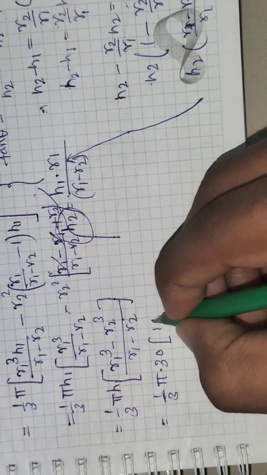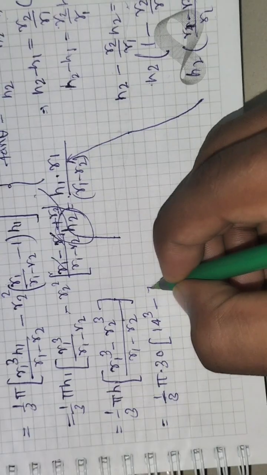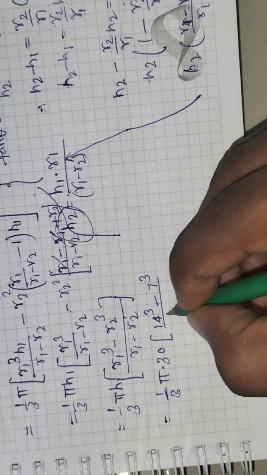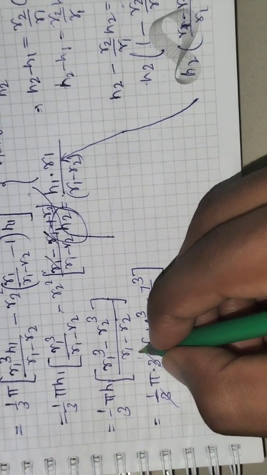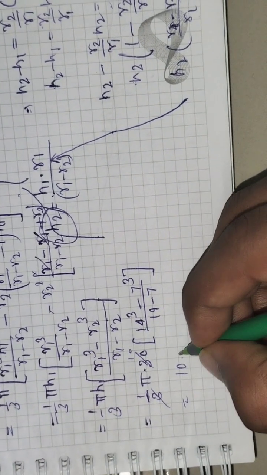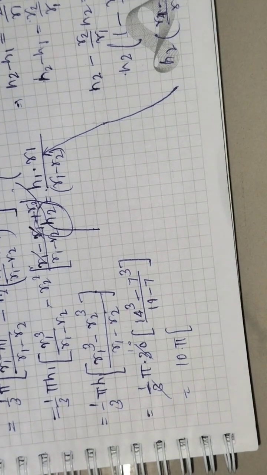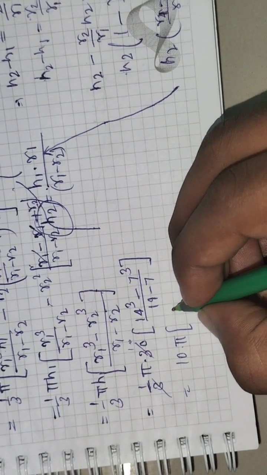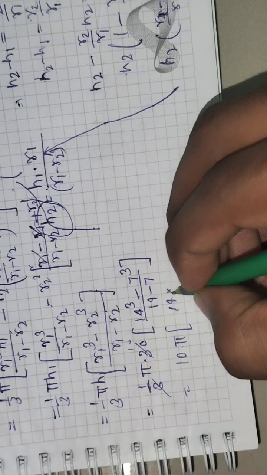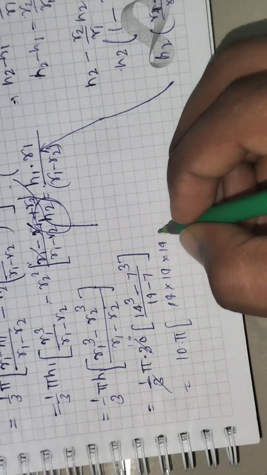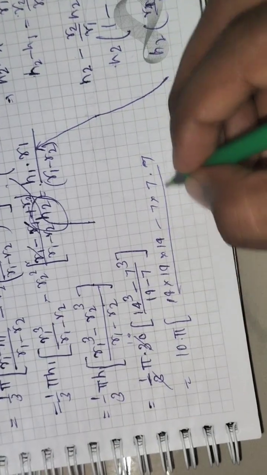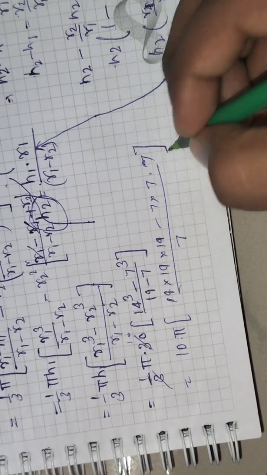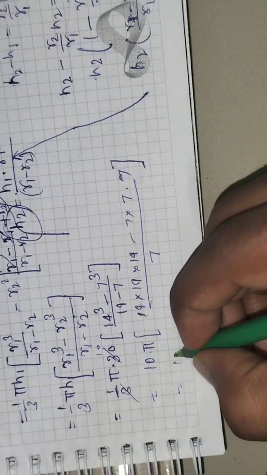If you put 14 cube minus 7 cube divided by 14 minus 7, 3 cancels with 30, that is 10 pi, and this is 14 into 14 into 14 minus 7 into 7 into 7, divided by 7. So what is the 10 pi?